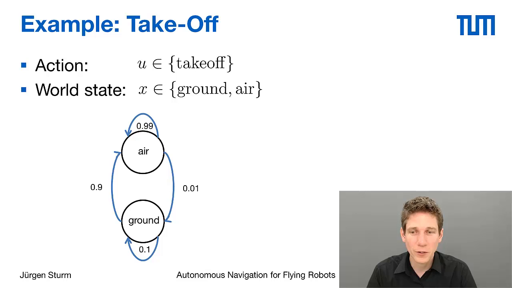But in principle you can consider all of this as being noise. And different states of the world might have a different noise behavior in this motion model. Once the quadrotor is in the air, it will stay in the air with 99% probability. But even then, occasionally it will end up on the ground again, for example, because it runs out of battery.